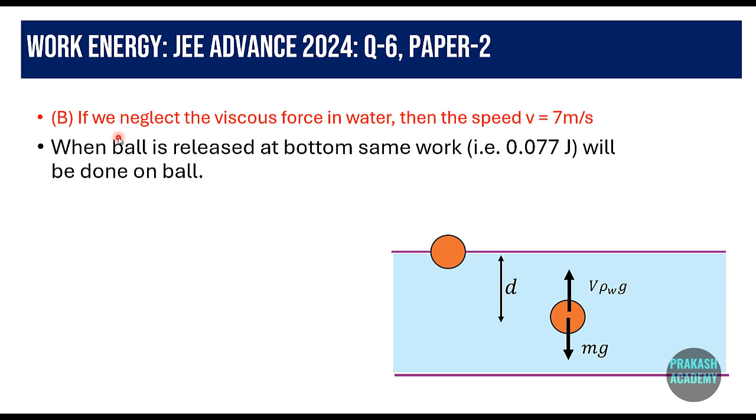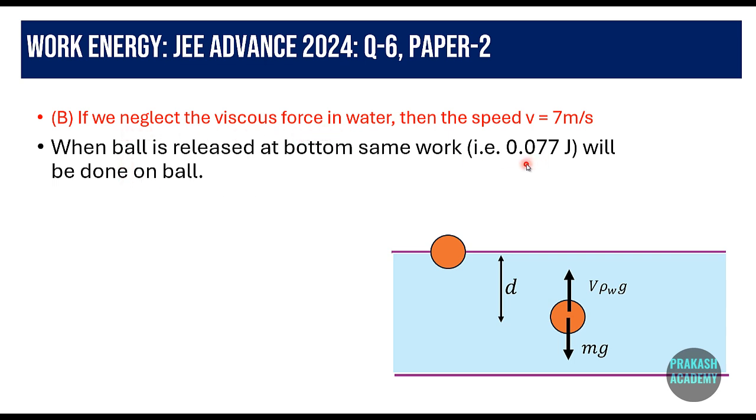But now in the question itself it says neglect the viscous force. This means when this is going up again there is no viscous force. Basically in actual there will be a viscous force because this ball is going up and its velocity is increasing, so there will be a viscous force. But the question says neglect the viscous force.